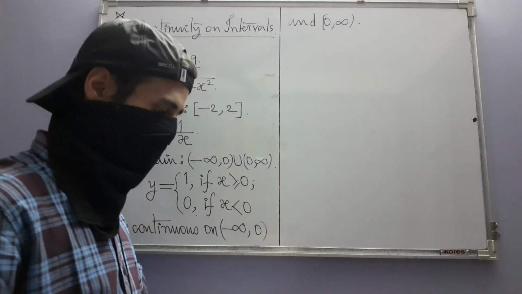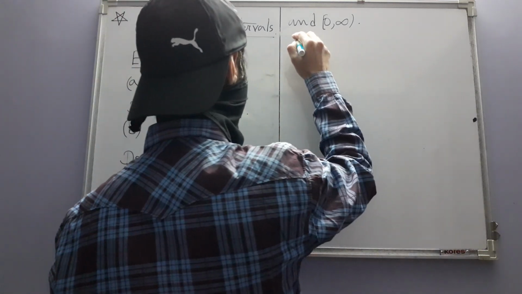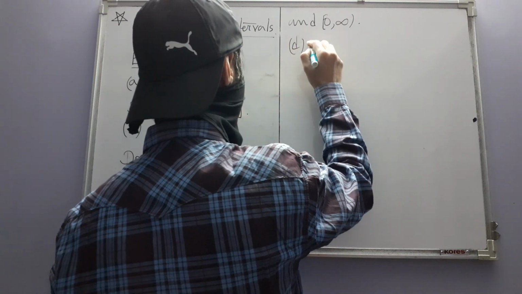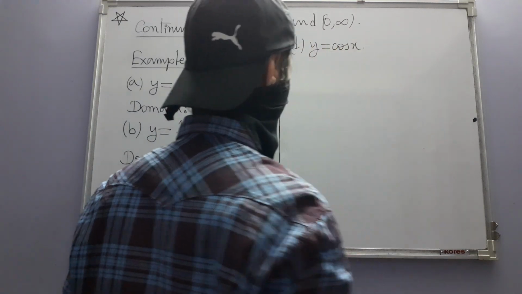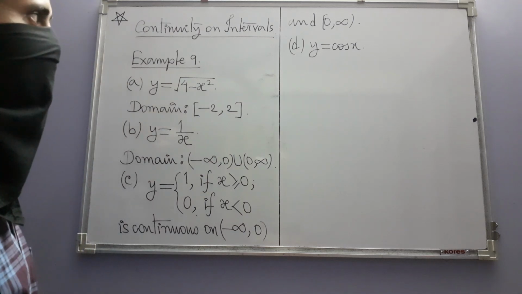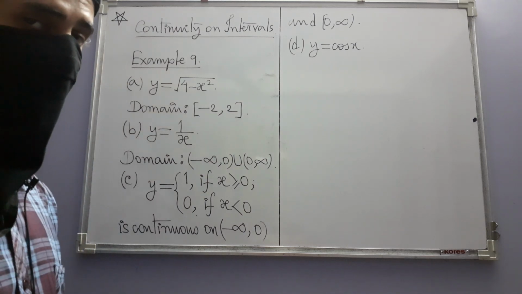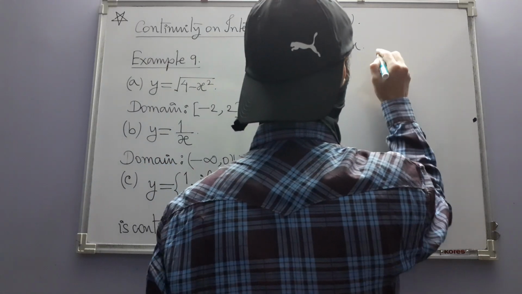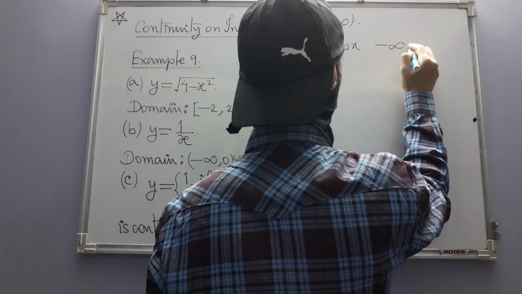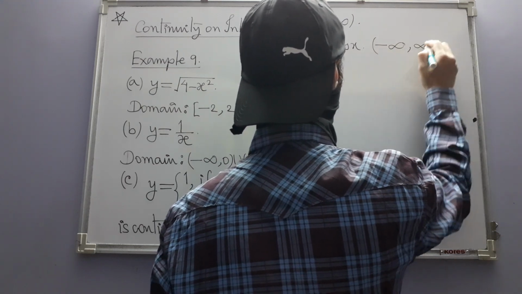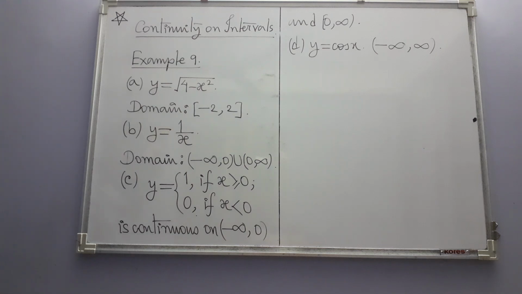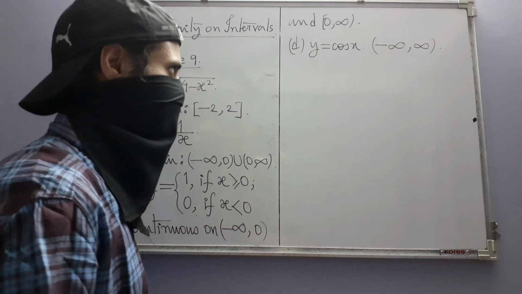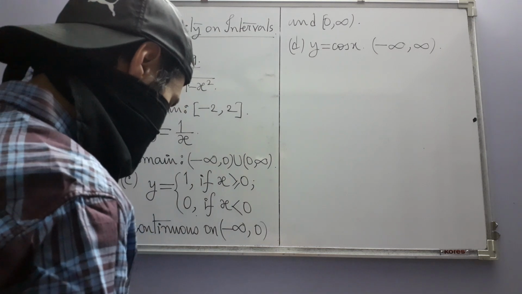And let us also see this last one, y equal to cos x. Right now we just have to take it for granted that it's continuous everywhere in its domain, and the domain is the entire set of real numbers. That much we already know, but continuity we are just mentioning without any proof.